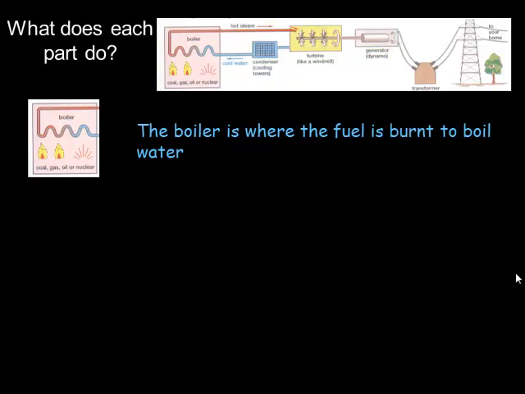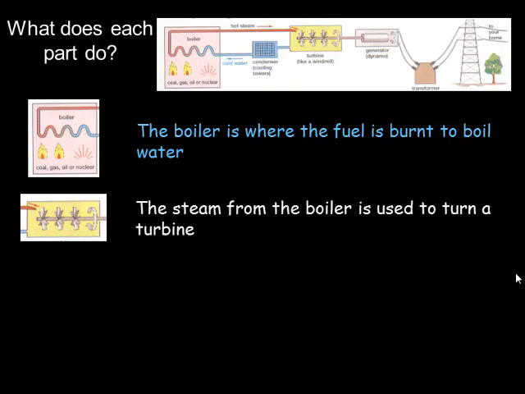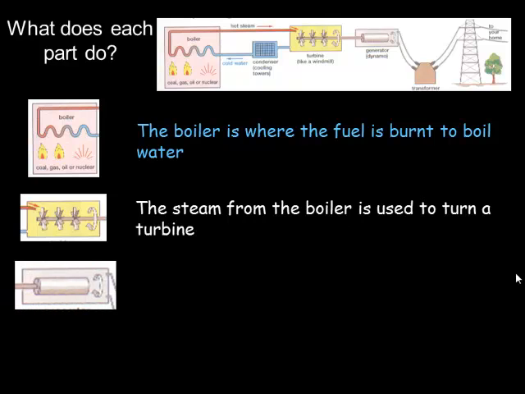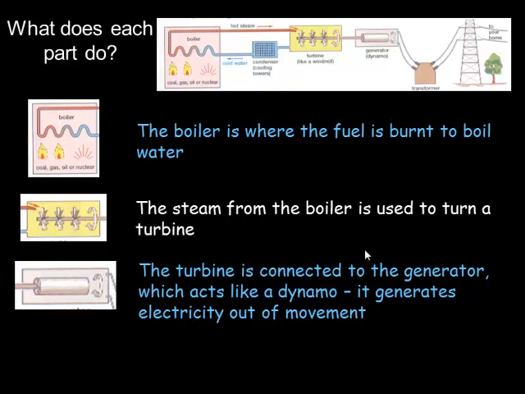Inside the boiler, this is where the fuel is burnt to boil water. Water is converted into hot steam. The hot steam from the boiler is then used to expand out and cause the rotation of a turbine. This turbine in turn, acting a lot like a dynamo, causes the rotation of a magnet in a coil of wire, or a coil of wire moving in a magnetic field, one or the other.